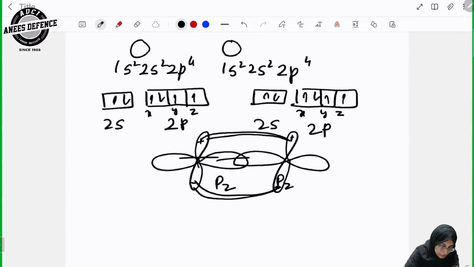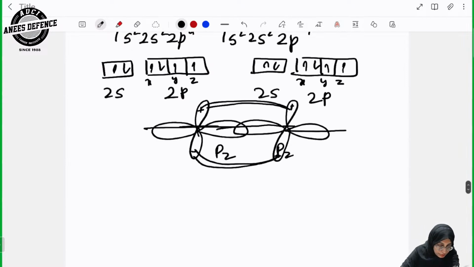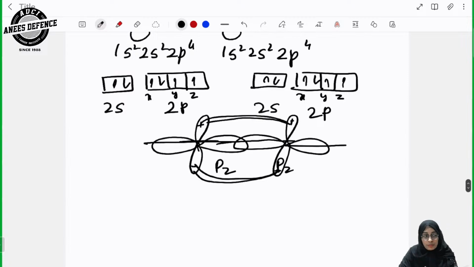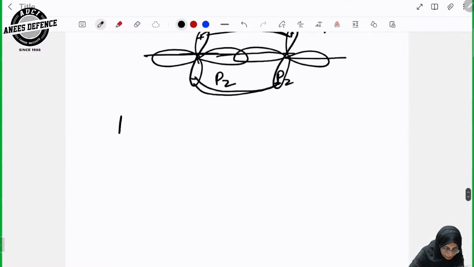This is the sigma bond and this is the pi bond. The pi bond is formed by lateral, sidewise overlapping. Next, we'll see one example of nitrogen.